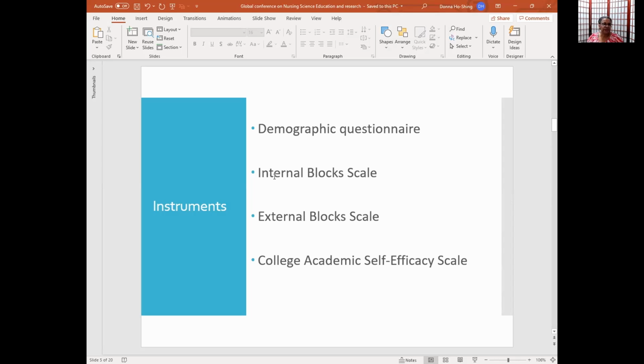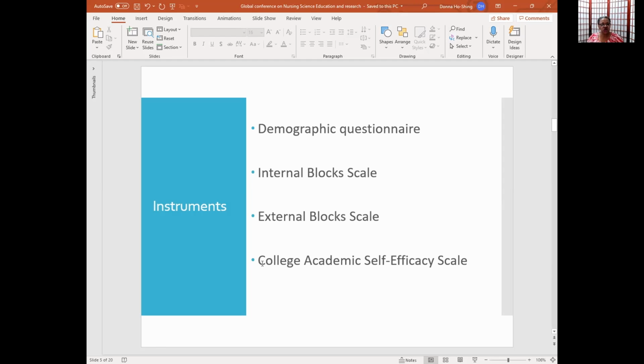Internal blocks were those things that were personal, internal things, the capacity of the person, how they're feeling physically, those types of things. External blocks were those things that were outside of that person's control, such as, do they have enough money to pay for their courses and so on.